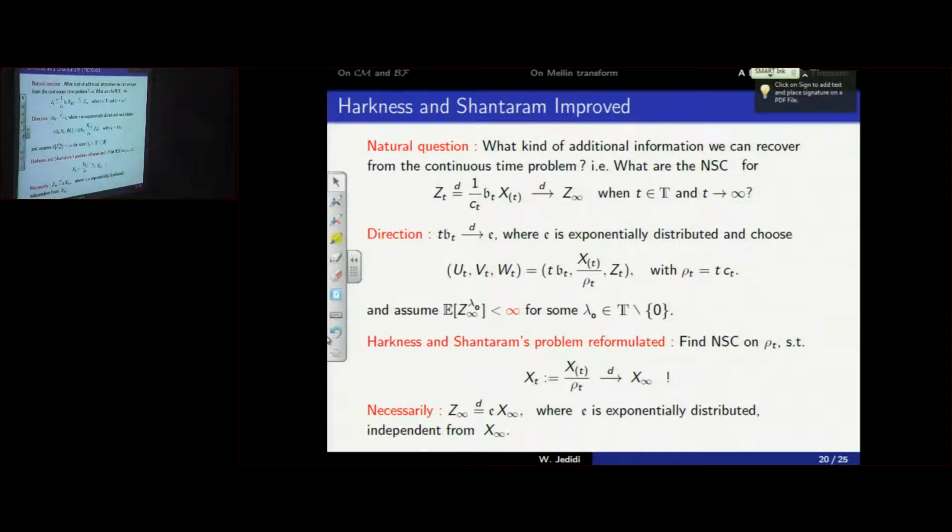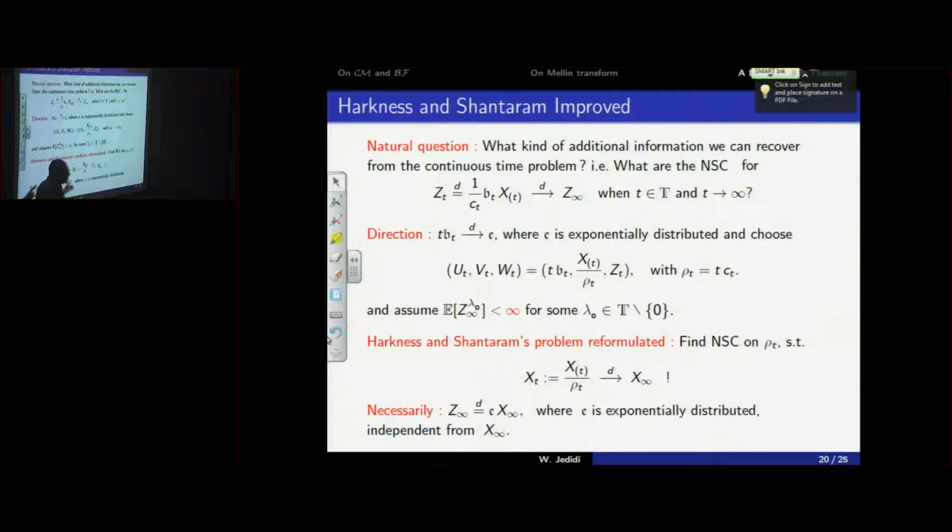The big point is what kind of limit could we obtain. Until recently, a lot of people worked on this topic, and each time gave some criteria, but at the end they only gave as a trivial example the first candidate proposed by Harkness and Shantaram, which is the log normal distribution.